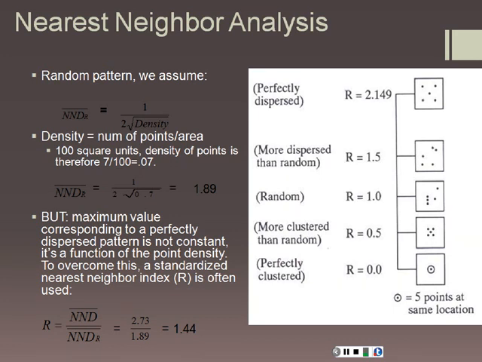Why is it unstandardized? Well, it says here the maximum value for a perfectly dispersed pattern of points is actually not constant. It's related to that density of points. So if you had a higher point density, you'd end up with a different R number. And so we actually have to standardize it using this equation here.